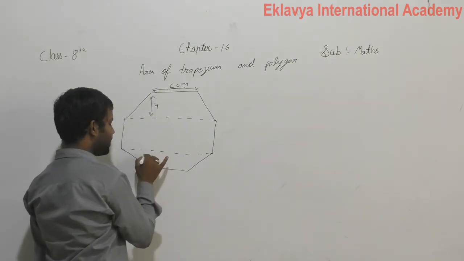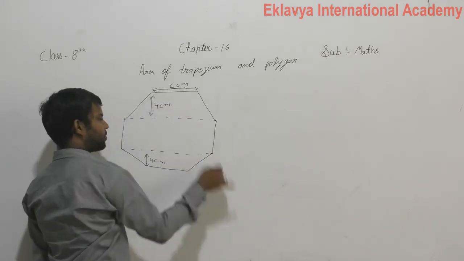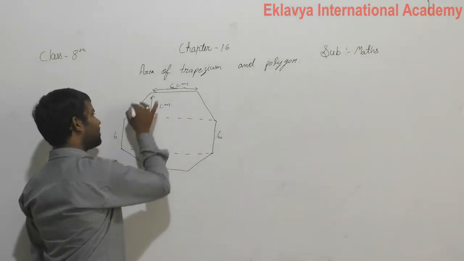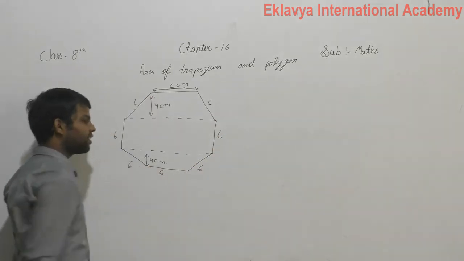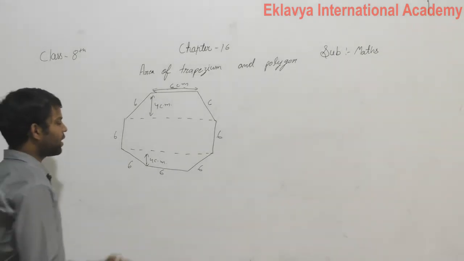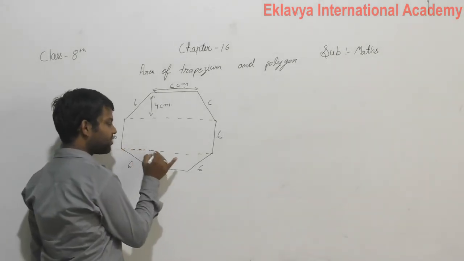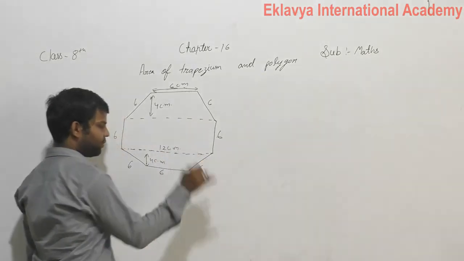Here also height is 4 centimeter, and sides are 6, 6, 6, 6. All sides are 6 centimeter. Okay, and the inner side of the hexagon is 12 centimeter.